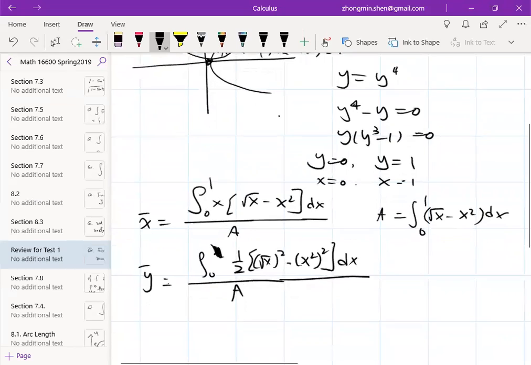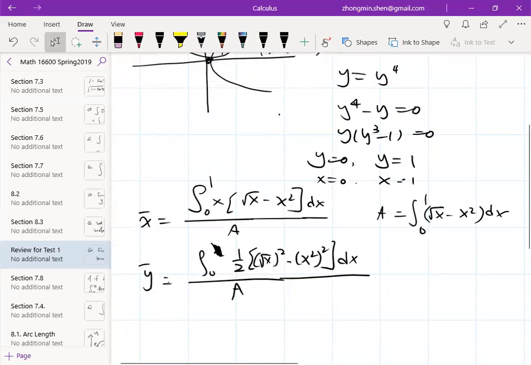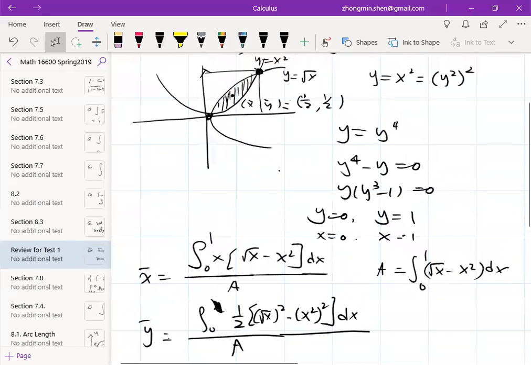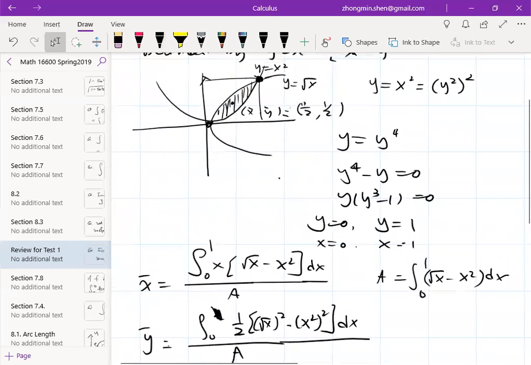So you write down this part first, then you evaluate the integral, and then double check whether your answer is correct. Look at the picture. Does it make sense? If you find x bar, y bar, and you plot the point, and it's outside of the region, then definitely it's wrong. Go back to double check your work, okay?